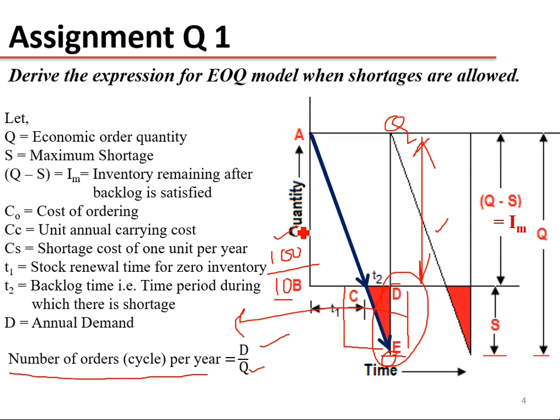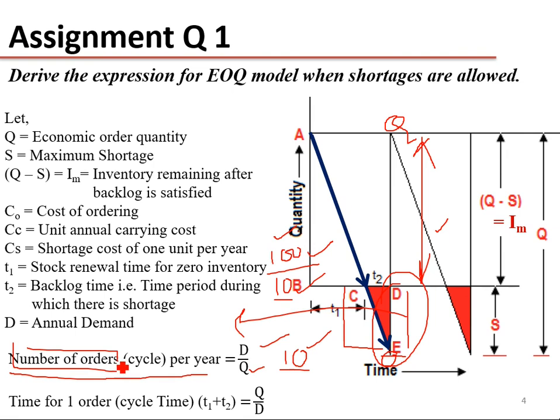That means total demand is 100, and in one order you put 10. How many orders do you give? 10 orders you have to give, so that you get the 100 units, because the total annual demand is 100. So this is the number of orders you are going to give.